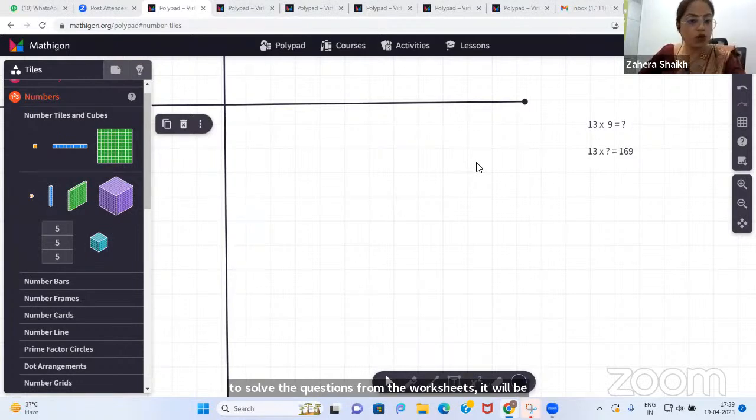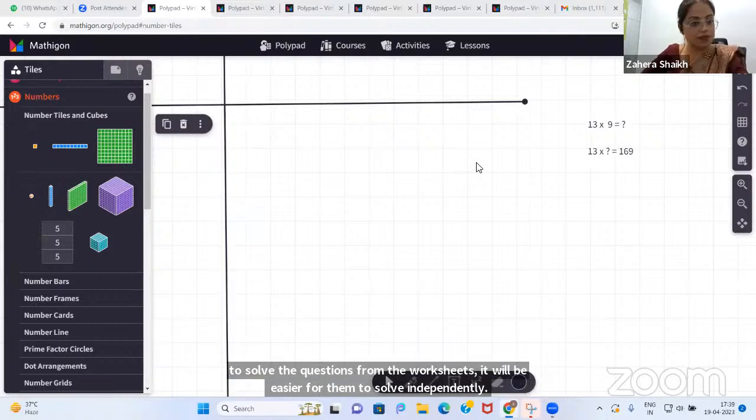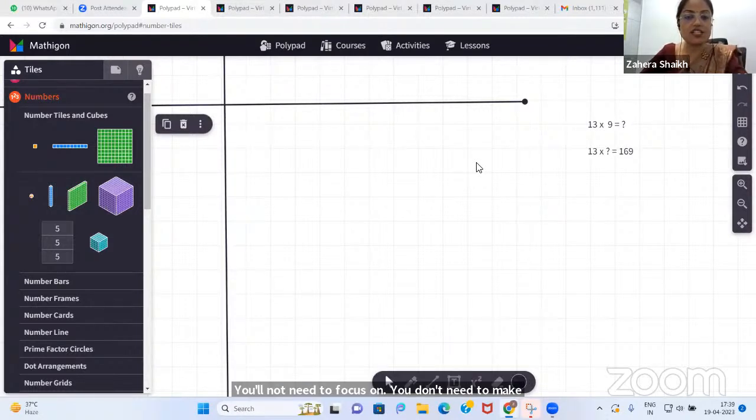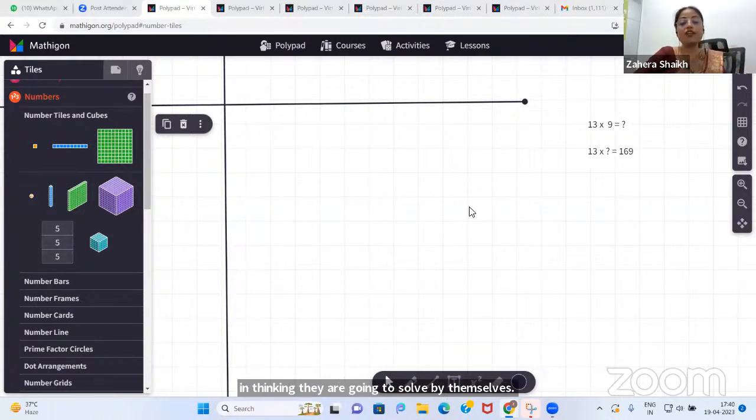You need not make them solve the questions and spare your classroom time. It's not that. If they are fluent, if they are flexible in thinking, they are going to solve by themselves. You need not worry about that. So first, plan your lessons.